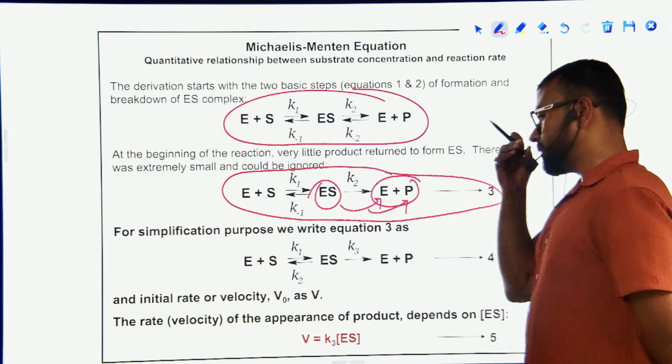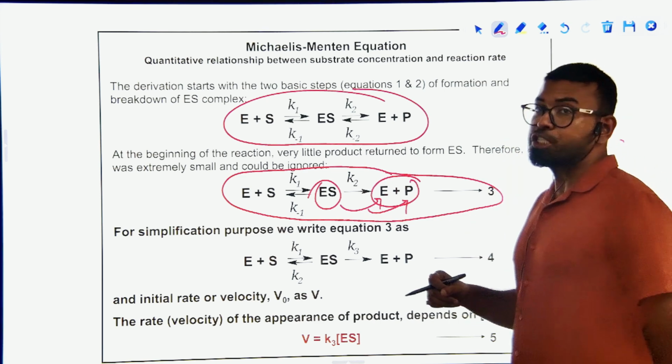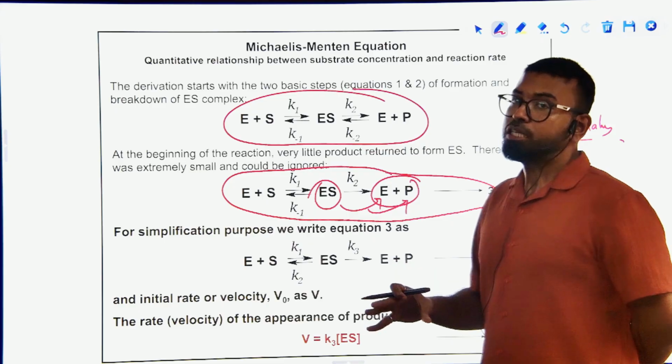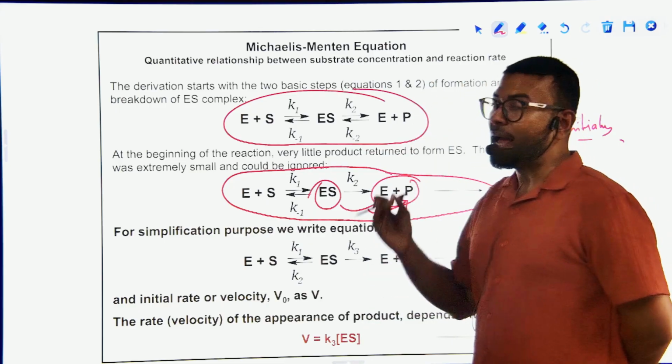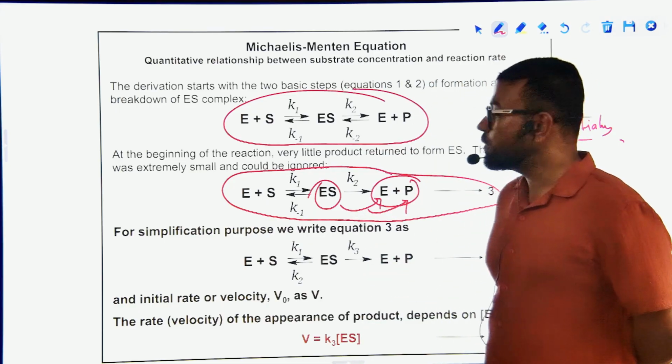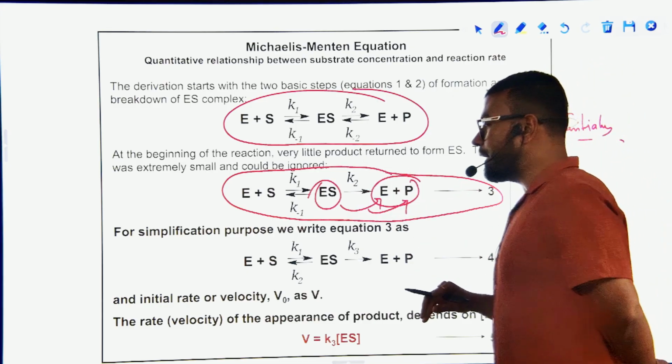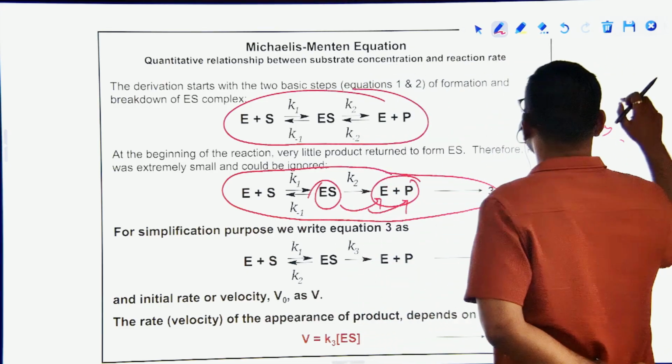So that's a unidirectional reaction in the beginning. And for the simplification of the overall Michaelis-Menten equation establishment, we will be considering this equation and deriving the rest of it.